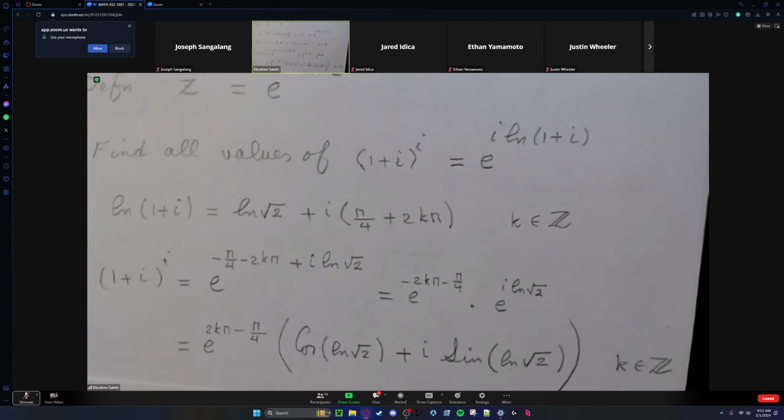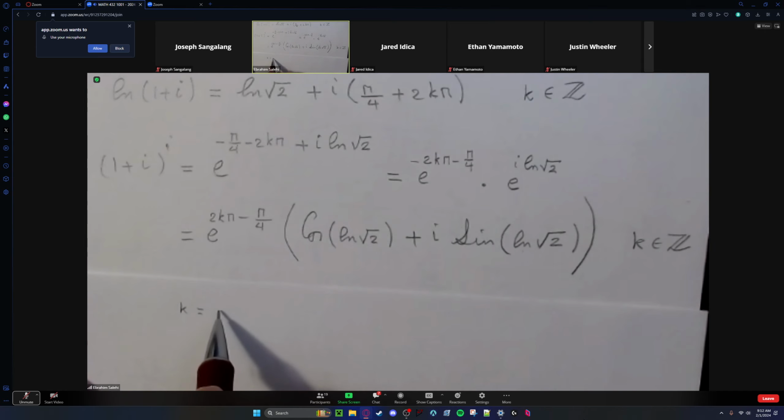Because when k is an integer, it means these, and so forth. Negative k also is the same thing. Negative k also will cover here, minus plus, doesn't matter, right?